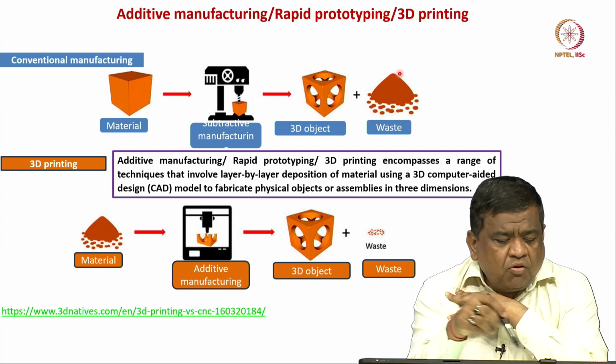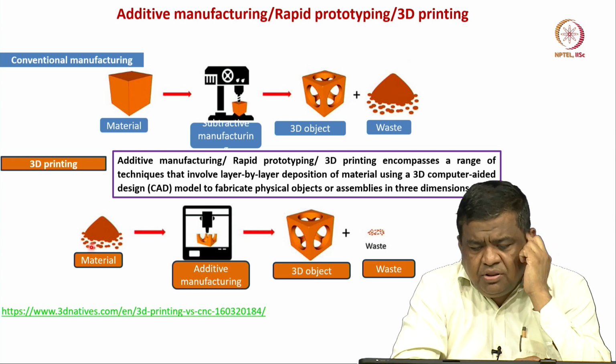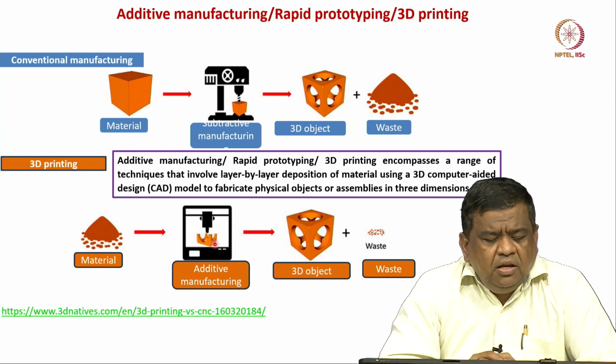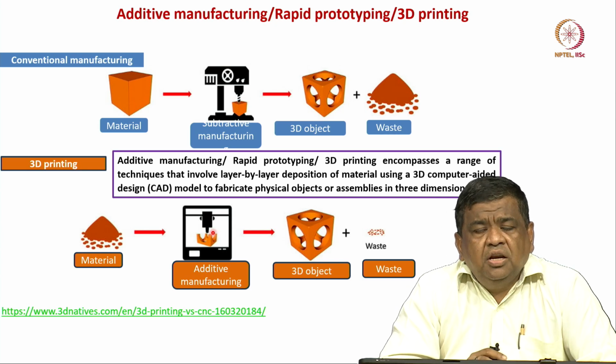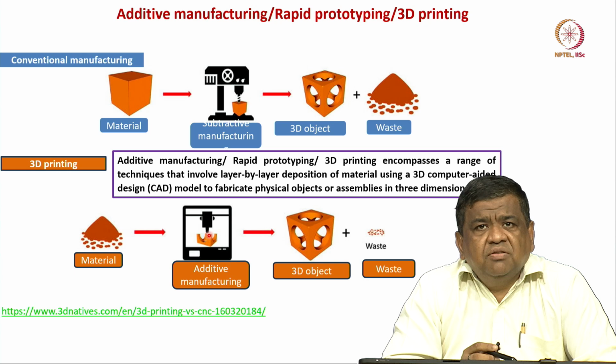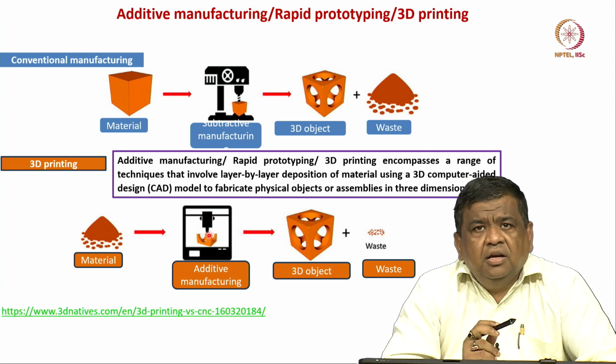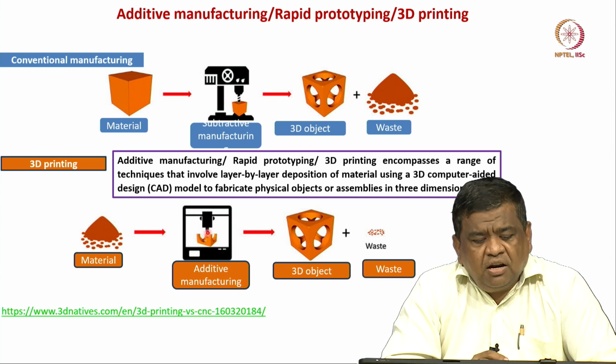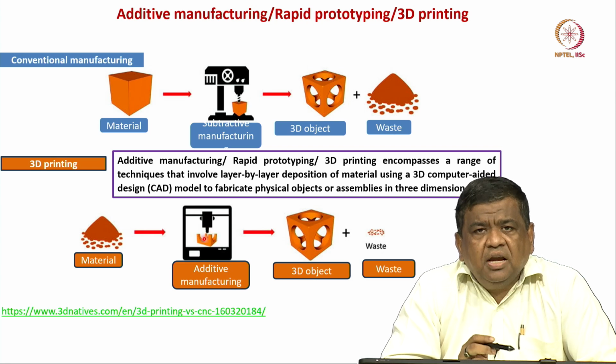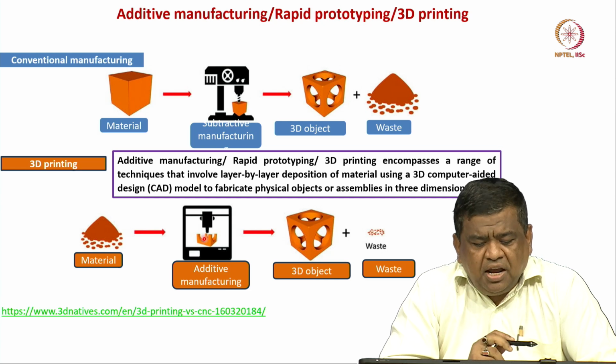In contrast, in additive manufacturing, you start with the materials, then you give a 3D printing machine a specific file in a desired format. Based on the information contained in that file, this machine will fabricate the materials in a layer by layer manner.